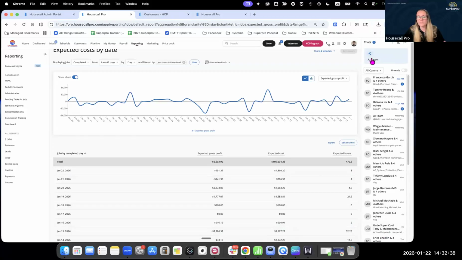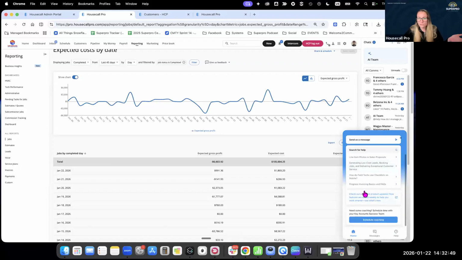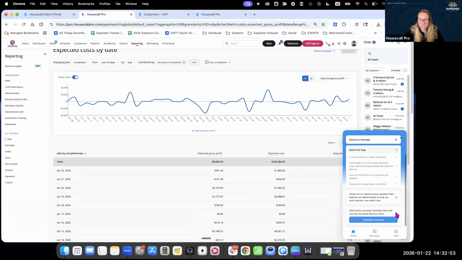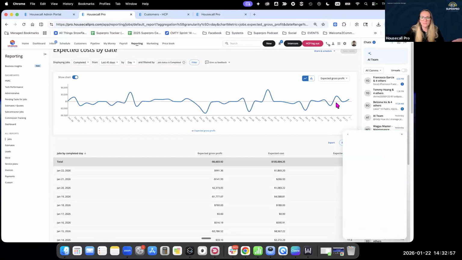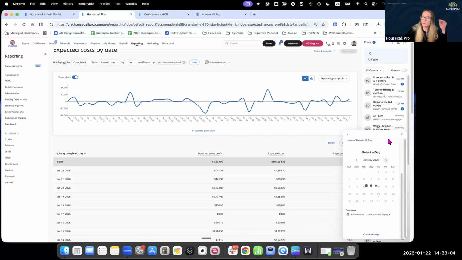It doesn't show it because we're impersonating the account. But on the right side of the AI team, you can open up the chat, which looks like this. Scroll down, and this right here needs some coaching. Schedule time with your key account success team, and you can schedule time through the blue chat bubble for anybody on your team. Yeah, and that sends you over to my team.